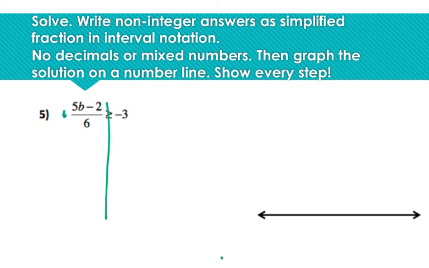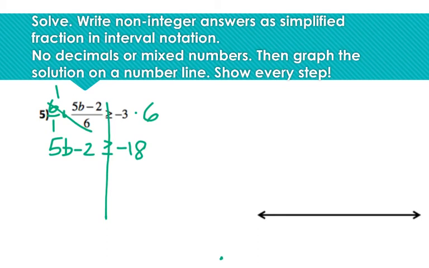So we're going to multiply by 6 over 1, or 6 on the right side as well. This will simplify to 1. 1 times 5b minus 2 is 5b minus 2, and still greater than or equal to, since we multiplied by a positive number. Negative 3 times 6 is negative 18.